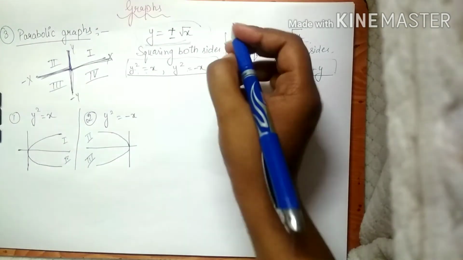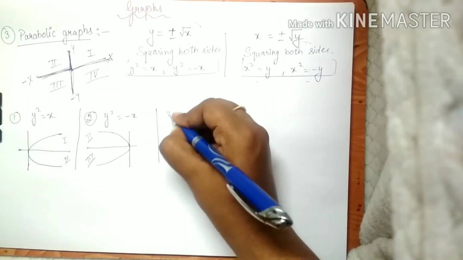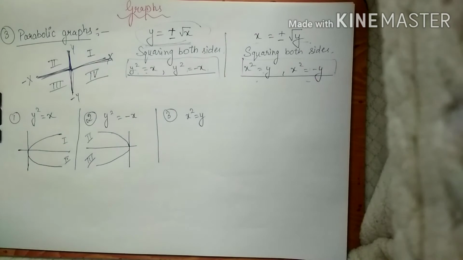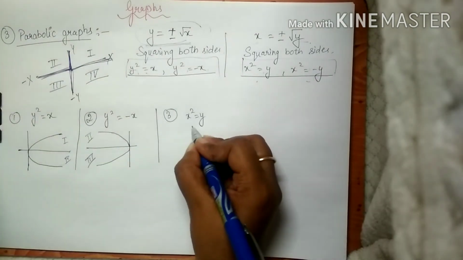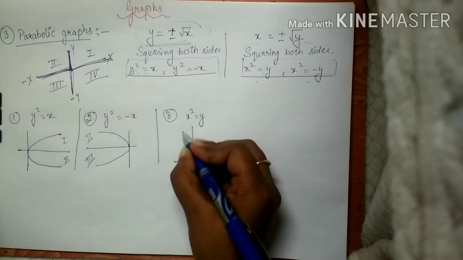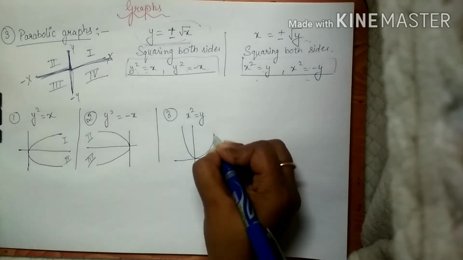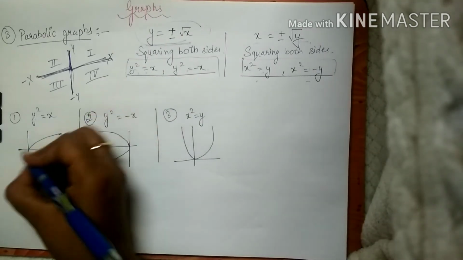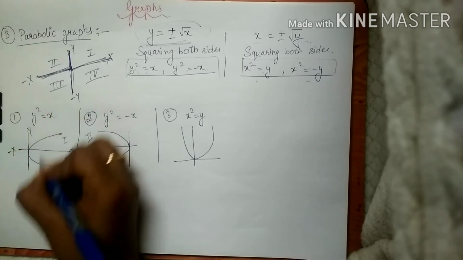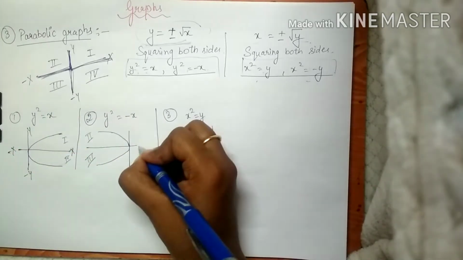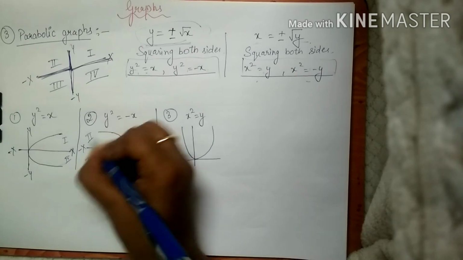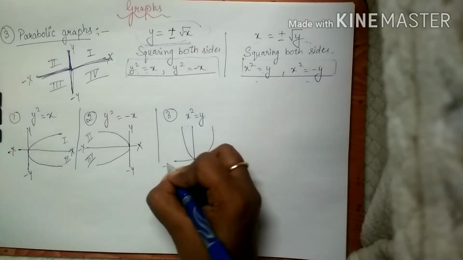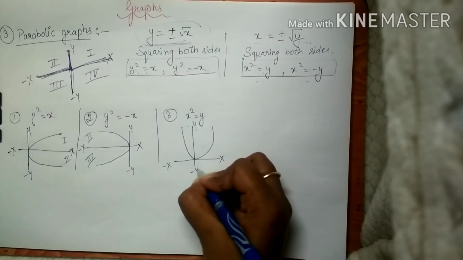This is second one. Now for third, x square is equals to y. The curve is like this. See, the axes are the same. This is positive x-axis, negative x-axis, y and minus y.